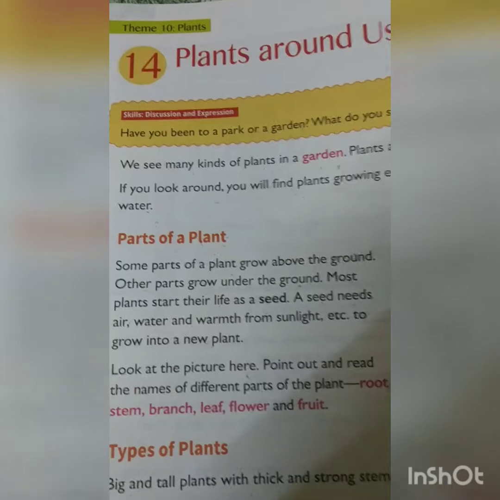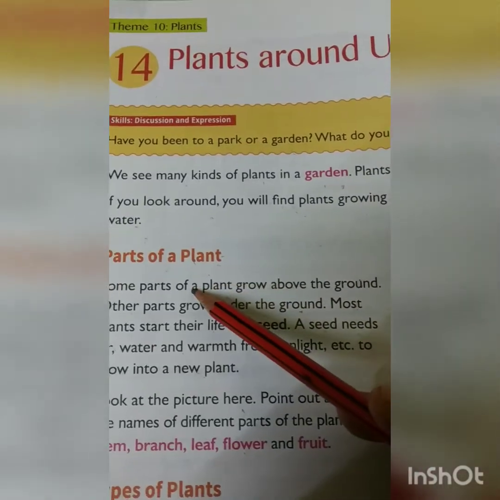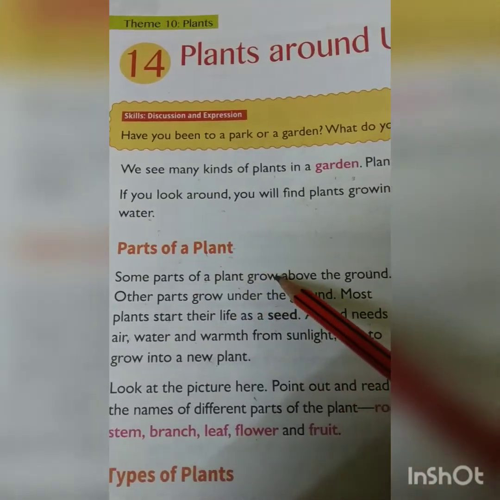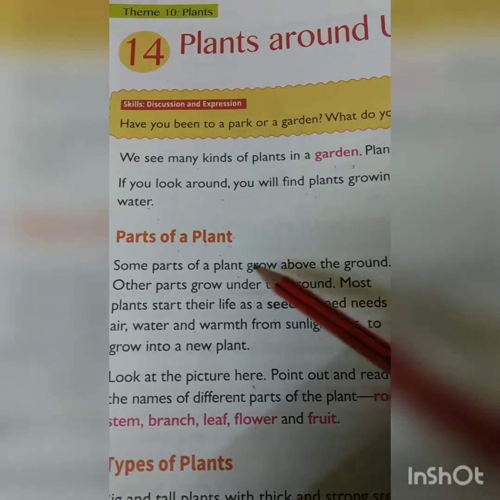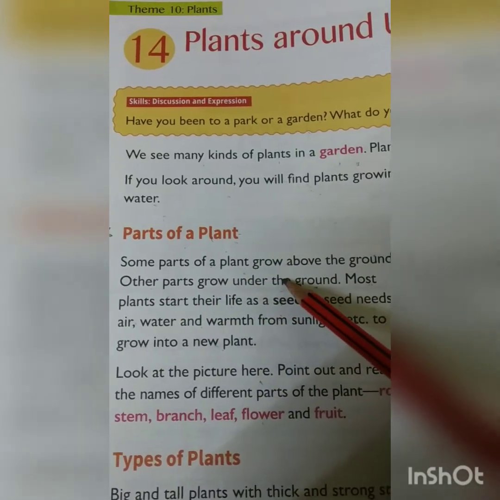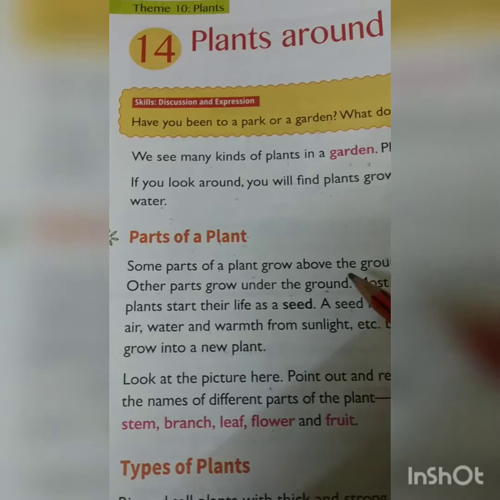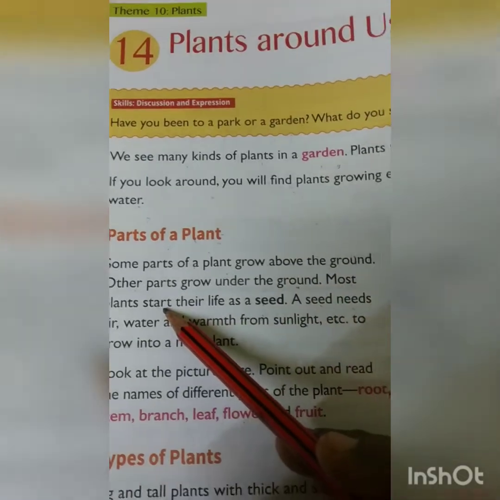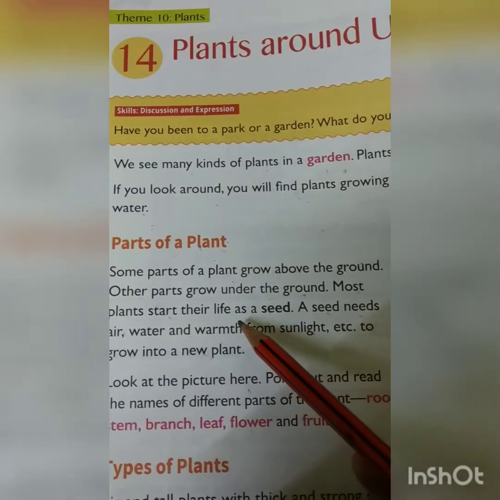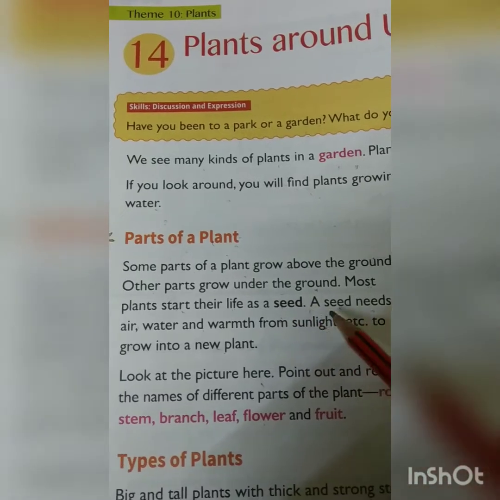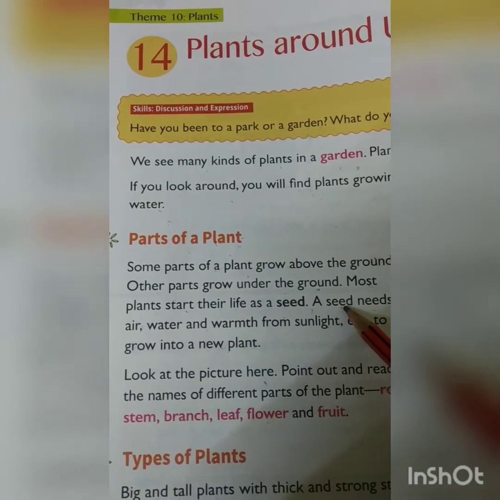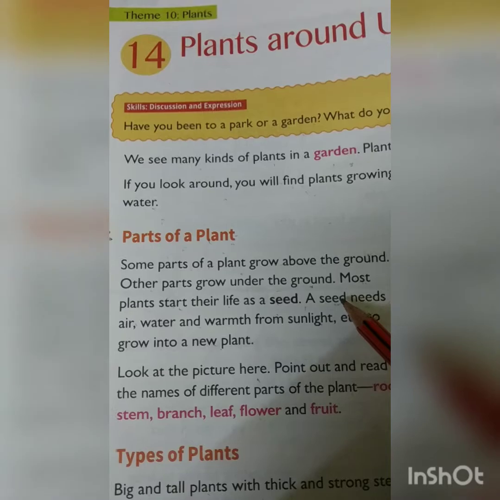So some parts of the plant are growing above the ground, some parts are under the ground. And most plants start their life as a seed. We put the seed in the mud. What do they need?